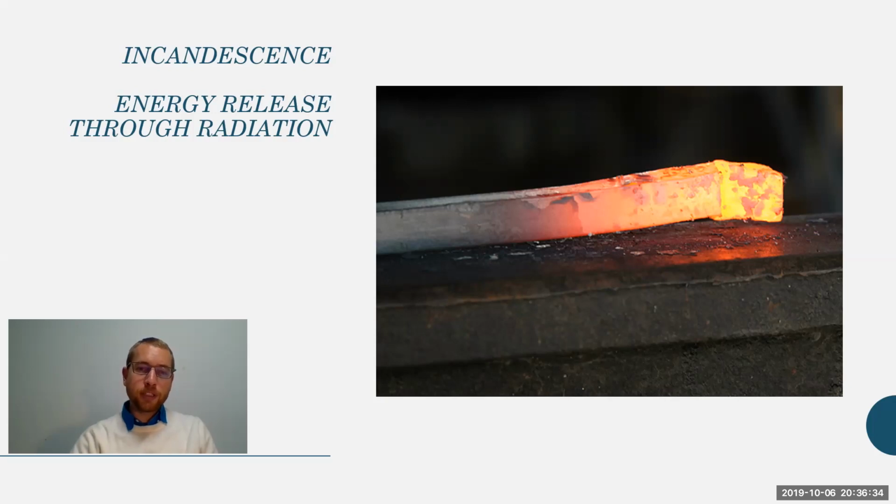So if we think about just heating up a bar of metal at one end, at this back end, say this is almost like a cast iron pot or something like that. If that's on the stove, it might not be glowing, but it can still be hot to the touch. So if you were to hover your hand over this dark portion, you would still feel that heat, right? That heat is still being released.